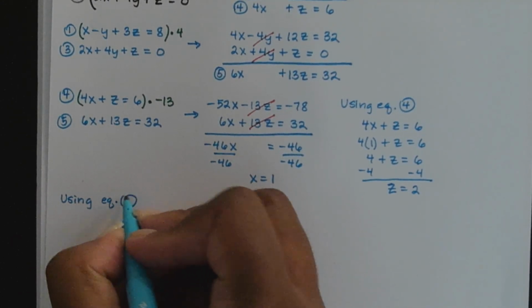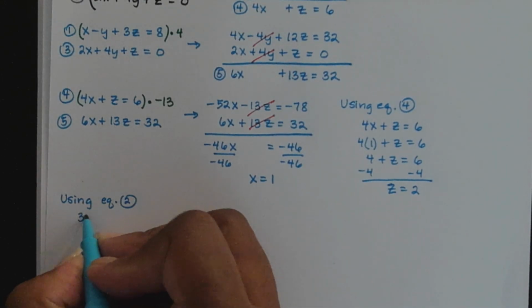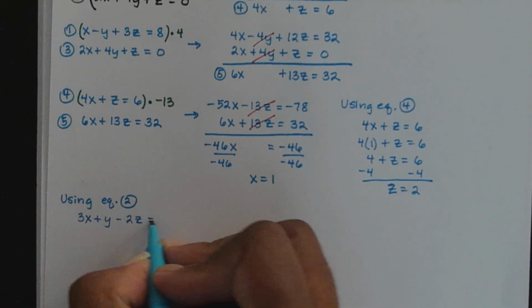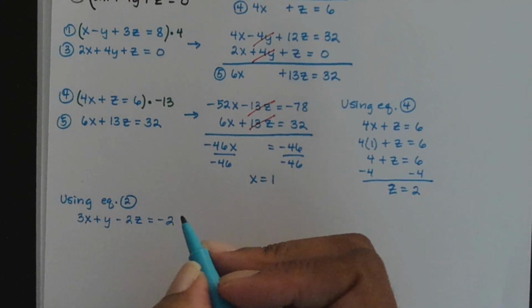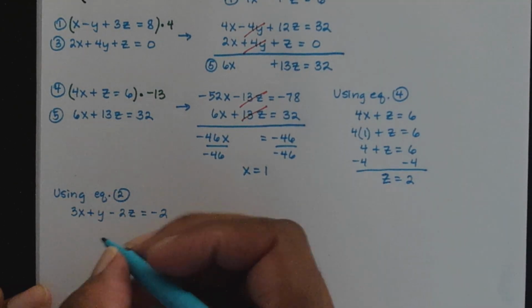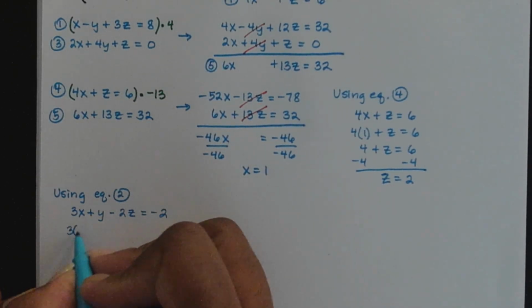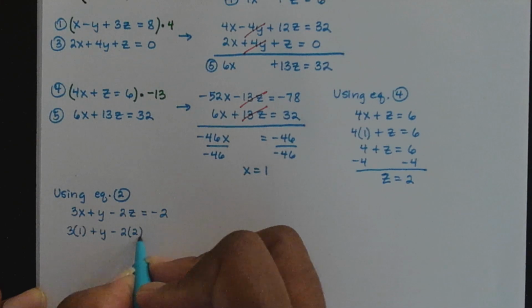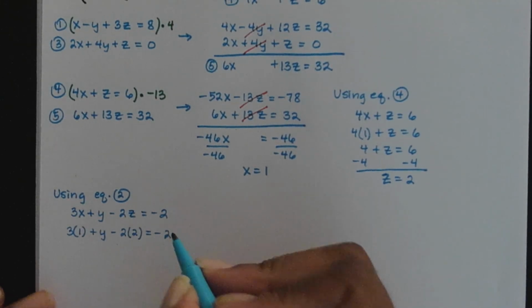So using equation 2, which is 3x plus y minus 2z equal negative 2. Here, x is going to be equal to 1. So it'll be 3 times 1 plus y minus 2 times z, which is 2, equals negative 2.